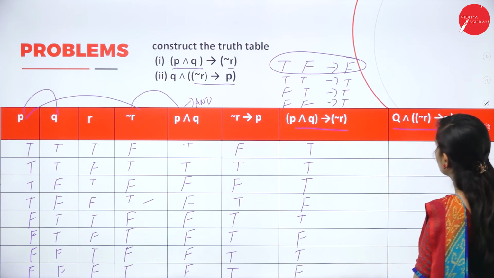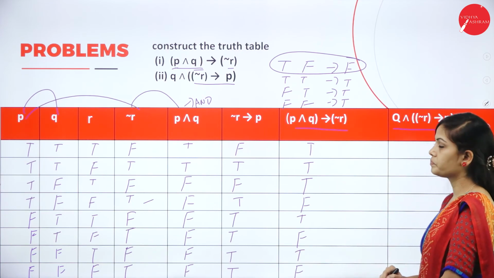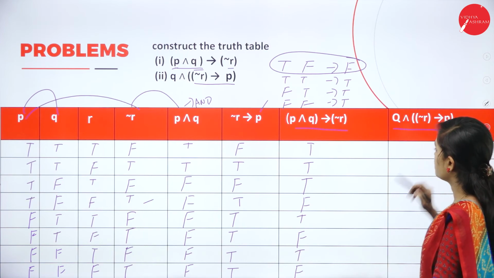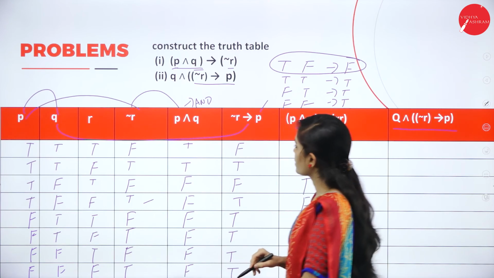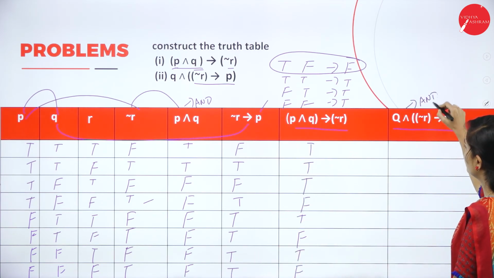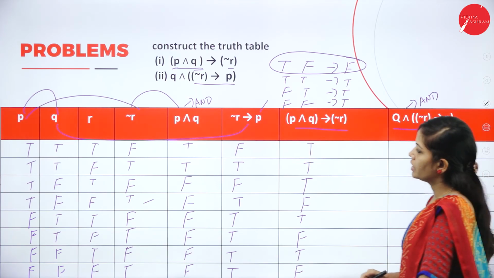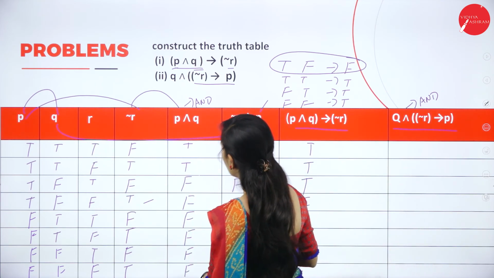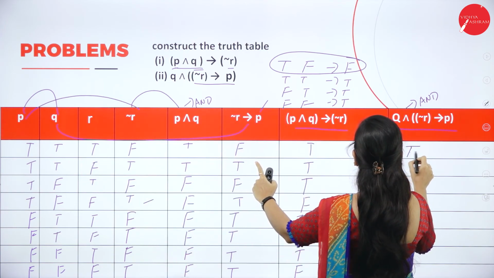And the final one, we have to find Q and negation R, implication P. So just consider this column, negation R implication P, with this Q. We have to use the AND operation here. Just consider these 2 columns, Q and negation R implication P. So the first condition is true and false, it is false.